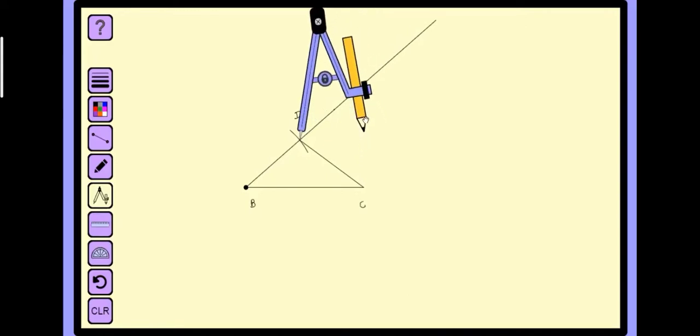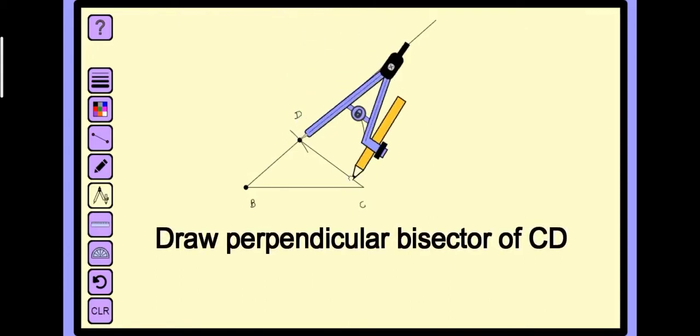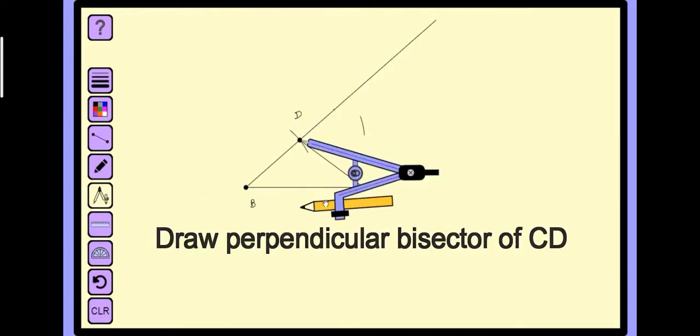Then draw the perpendicular bisector of CD. How to draw?